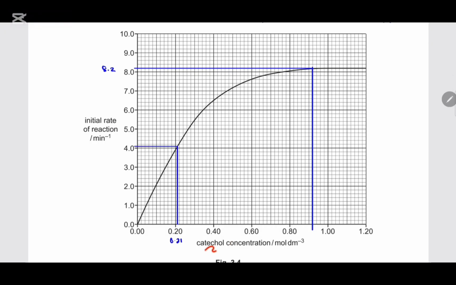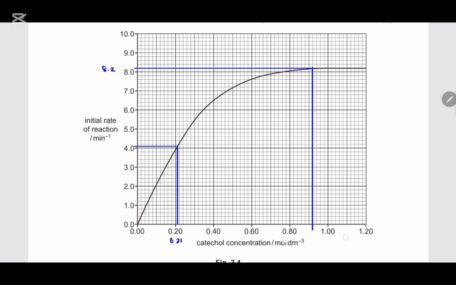So we have catechol concentration in moles per dm cubed on the x-axis, and we have the initial rate of reaction per minute on the y-axis. We can see that there is an increasing trend, and then eventually it starts to reach its maximum where it starts to plateau here. So that's the trend that we can see.